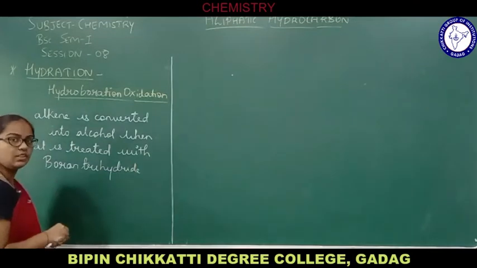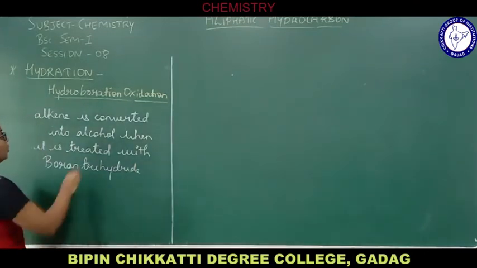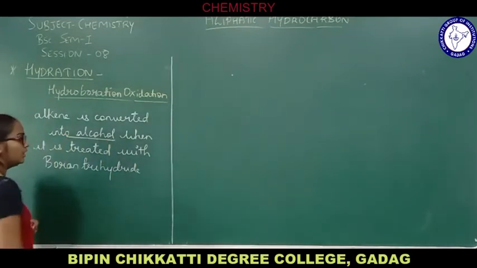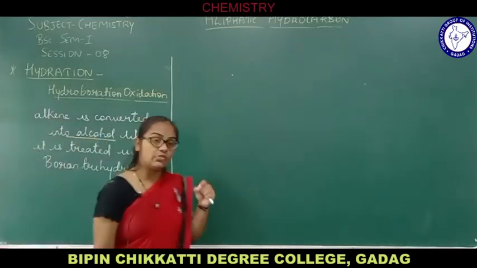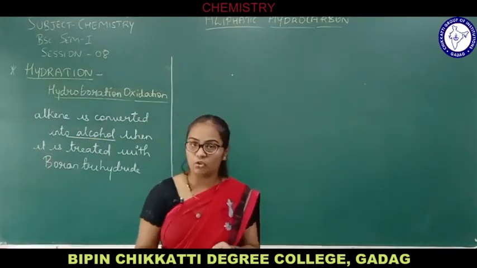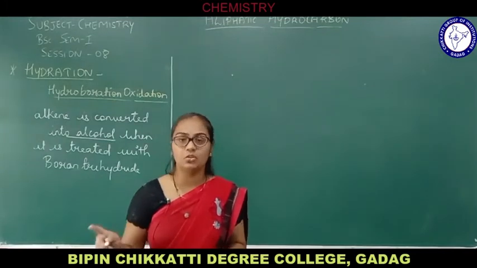So you are going to yield alcohol over here. When alkene is treated with the trihydrate boron, we are going to obtain alcohol.